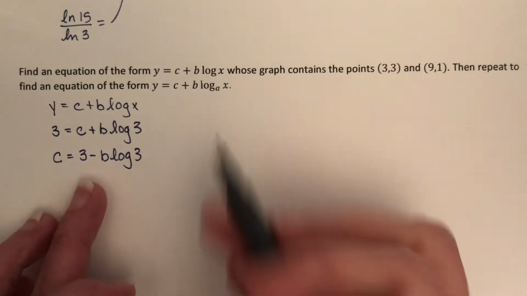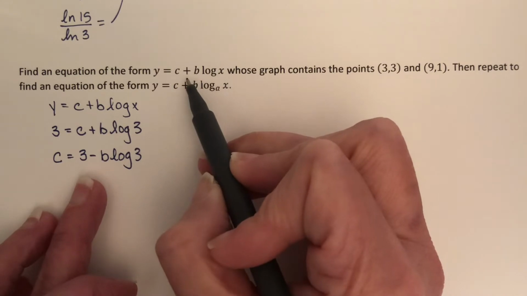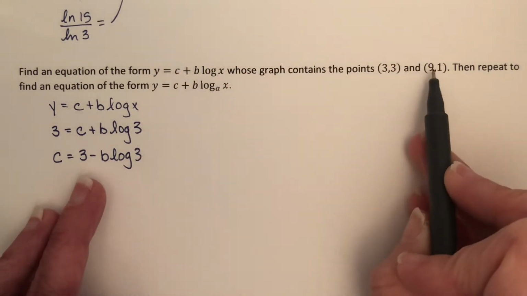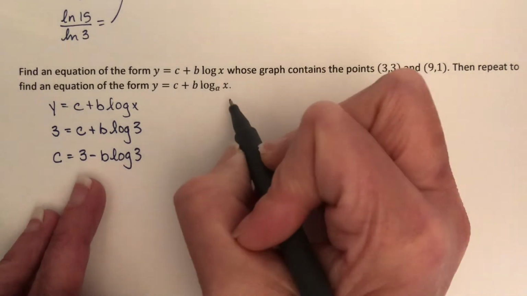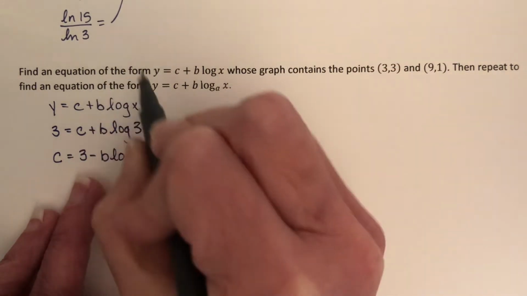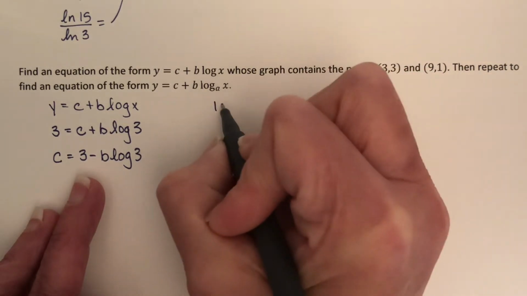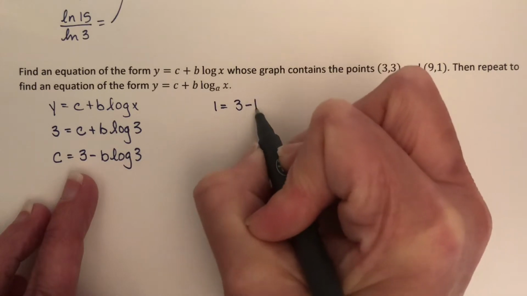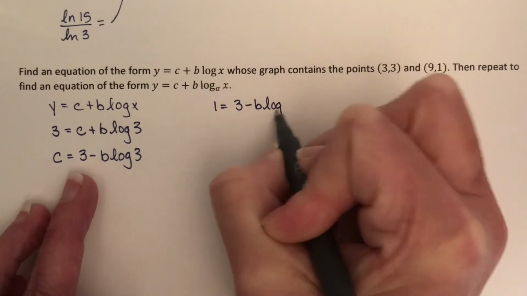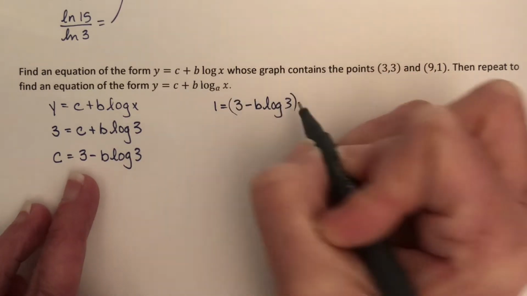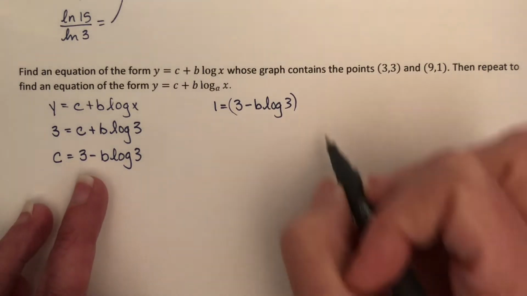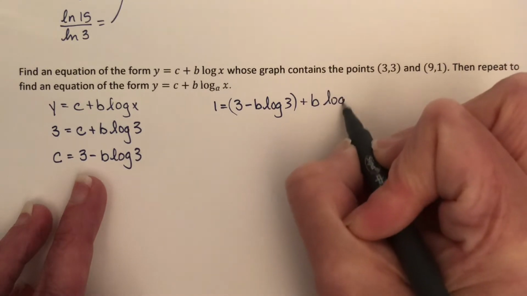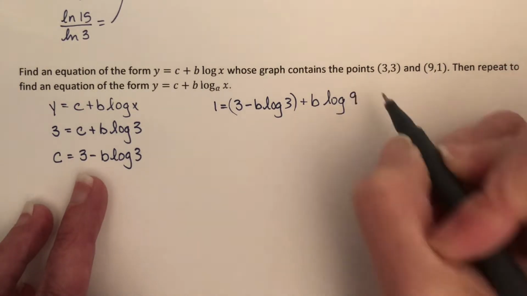Okay, now I'm going to do the same thing again, but instead of the c, I'm going to plug in this, and I'm going to use 9 and 1. So I'll have y equals, so 1 equals c, you can put that in parentheses if it will help you see what you're doing, plus b log of 9.